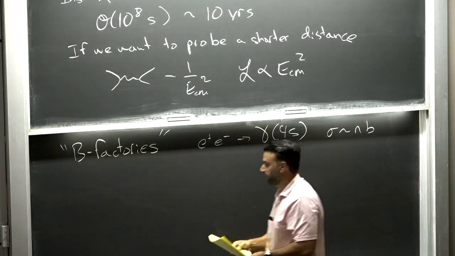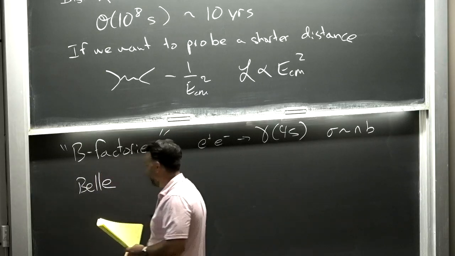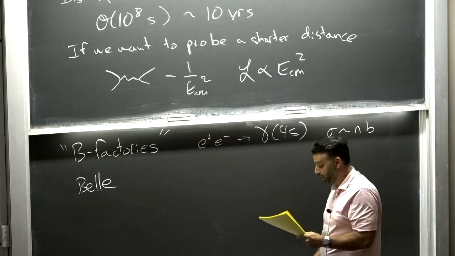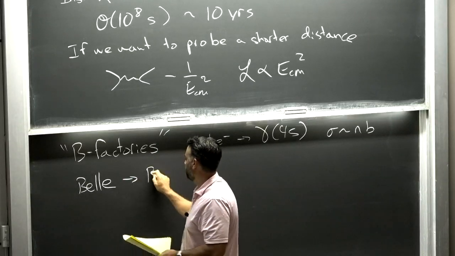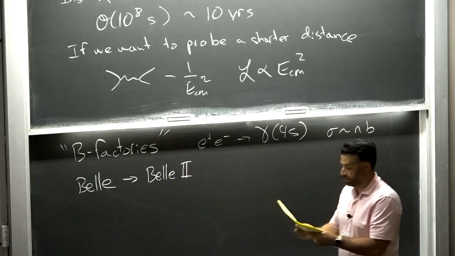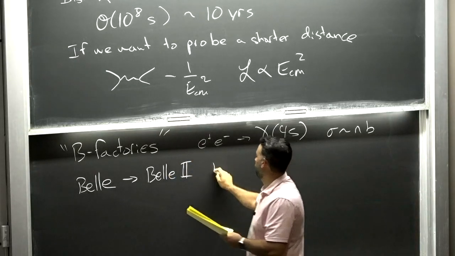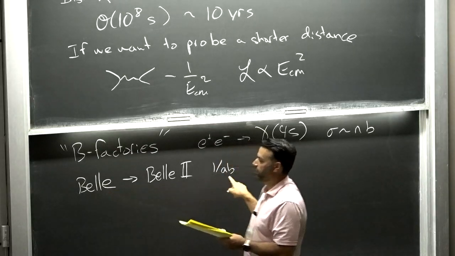To give you an idea of scales, for the previous B factories there were 2 experiments, Belle and BaBar. And now there's currently a super B factory called Belle II. Belle had roughly an inverse attobarn of integrated luminosity.